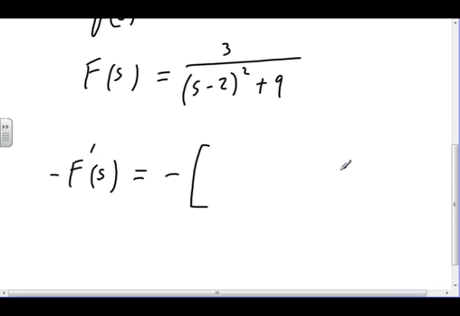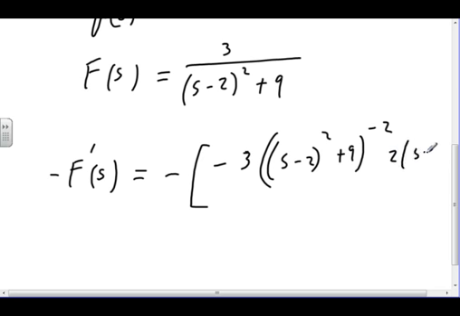What's the derivative of that? That'd be 3 times (s minus 2) squared plus 9, to the minus 2, with a minus sign in front, times 2(s minus 2), the derivative of the inside.